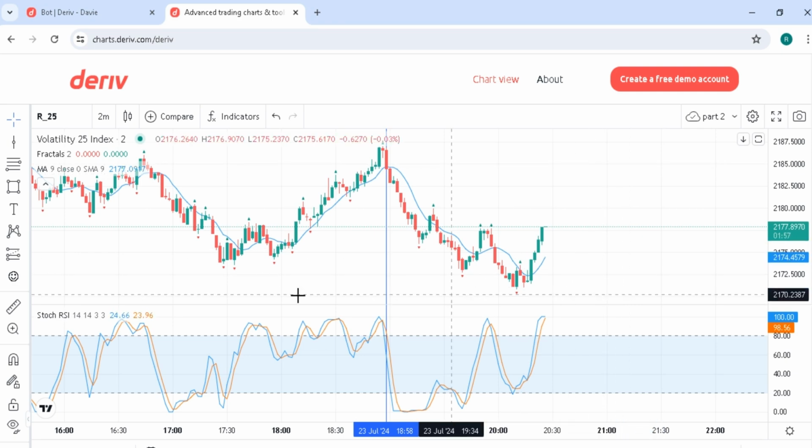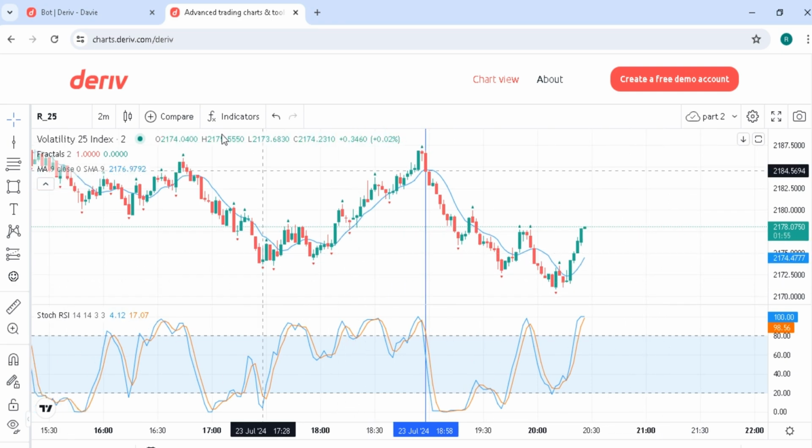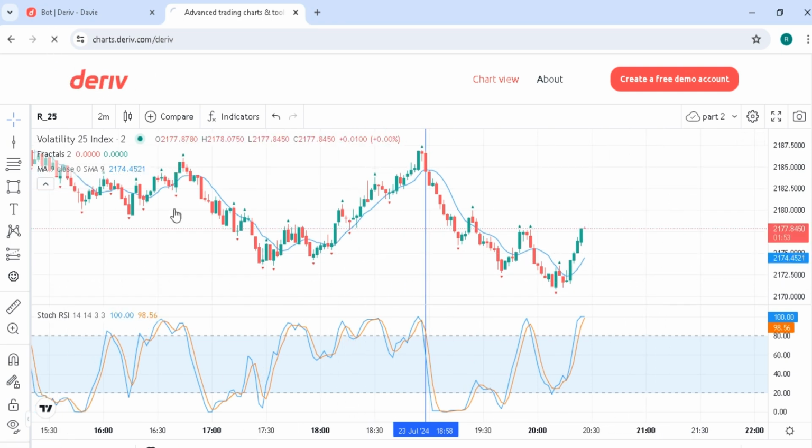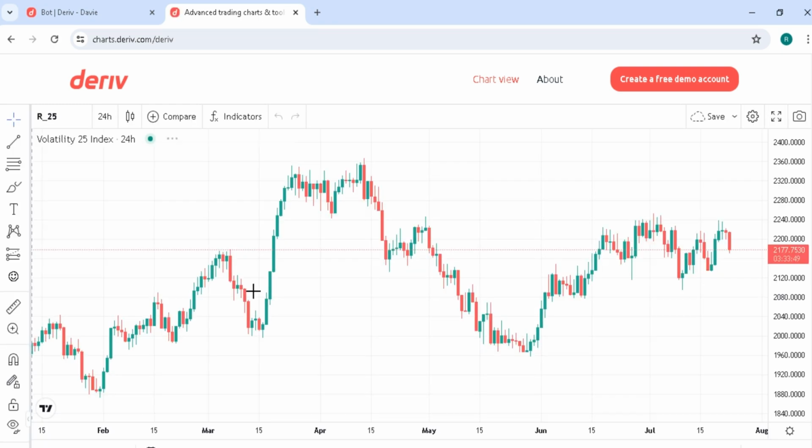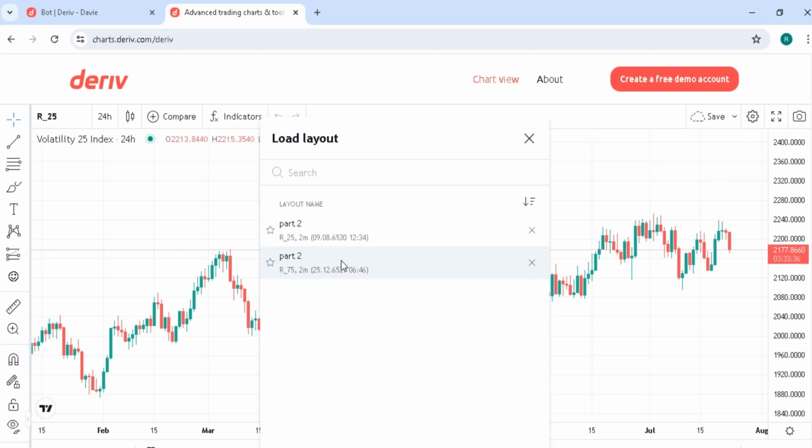Now you have saved that, so that even if this resets like that, you see now it has taken you back to the original setup. You come to where it is written save, click on this arrow, then load chart layout, and then you click on the name of what you saved.